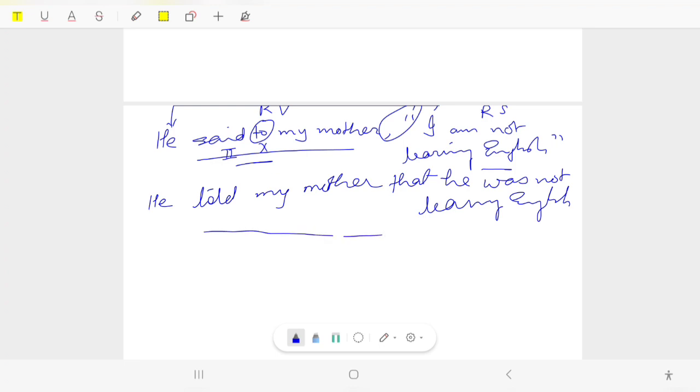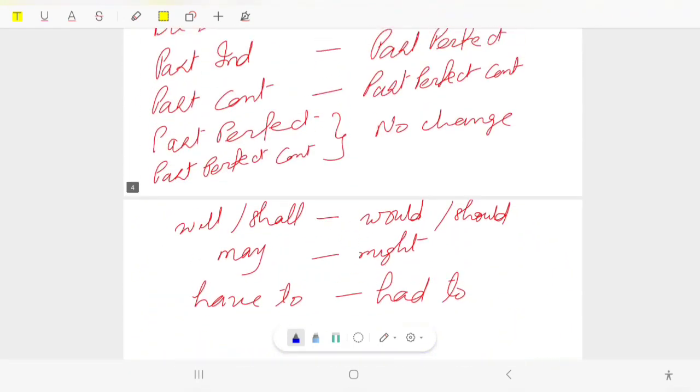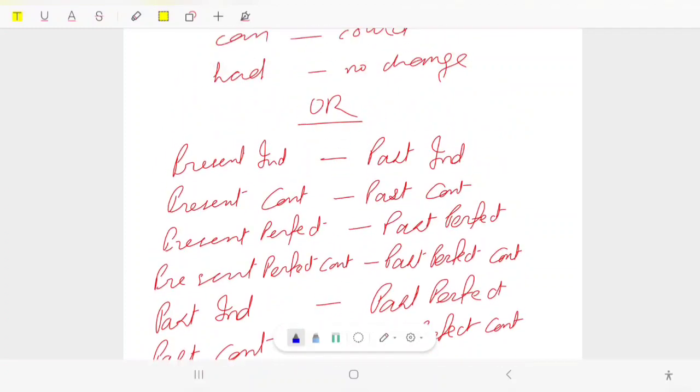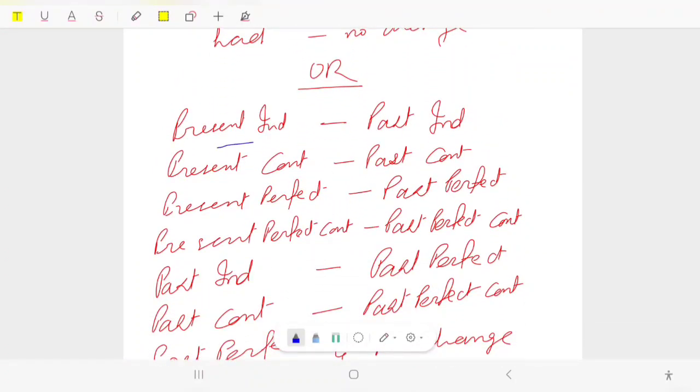Now let's see which tense becomes what in reported speech from direct to indirect. Simple present becomes simple past, present continuous becomes past continuous, present perfect becomes past perfect. This change we do like this. Present indefinite tense will change into past indefinite tense. Present continuous will become past continuous.